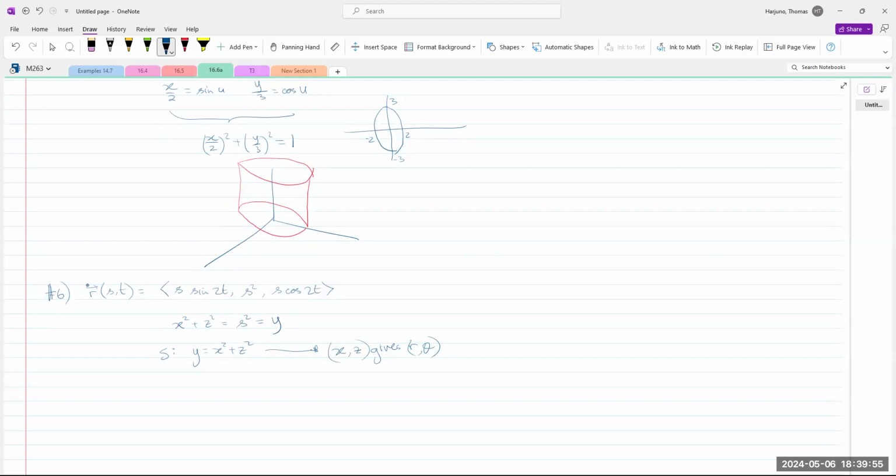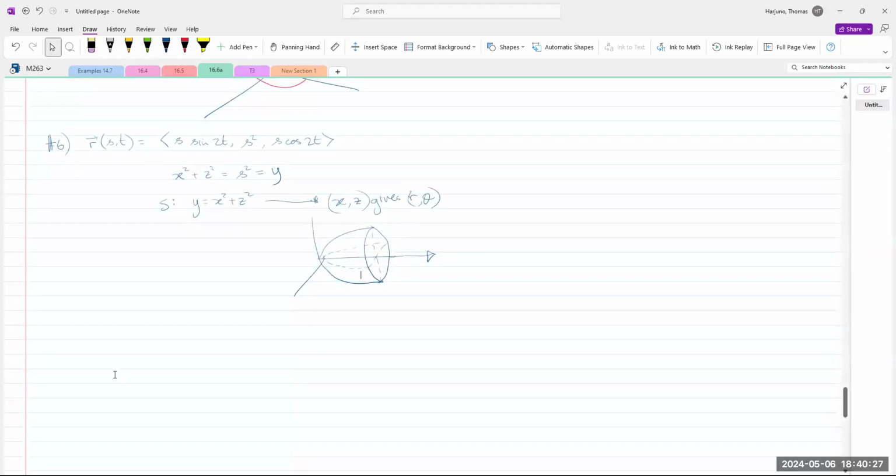Instead of x and y giving you r, theta, you use x and z to give you r, theta. So all of a sudden you have this is your y and this is the paraboloid, but it opens in the y direction. That's for number 6.